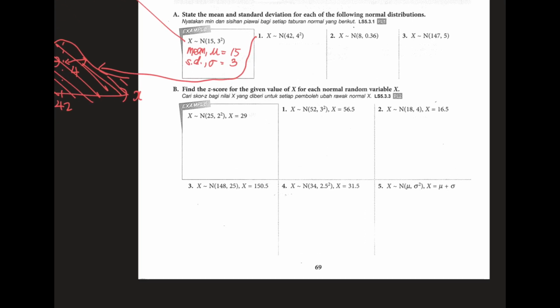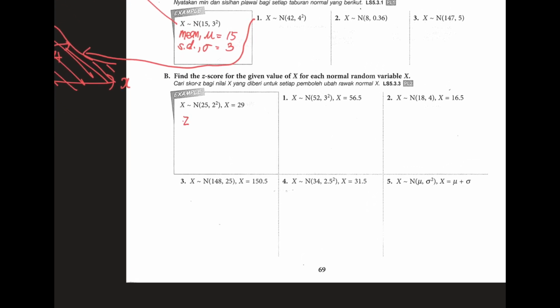So you see how we do it. Z equals (x minus mu) over standard deviation. What is x? It's given, 29. What is the mean? 25. What is the standard deviation? 2. So you get the z-score.